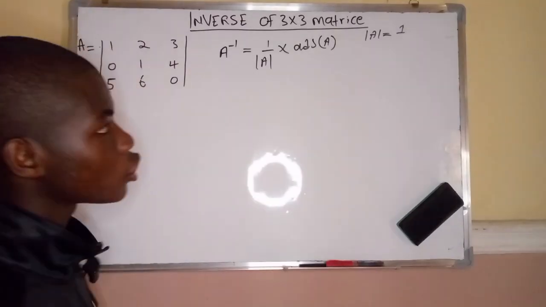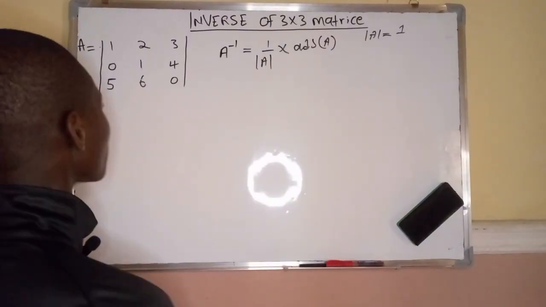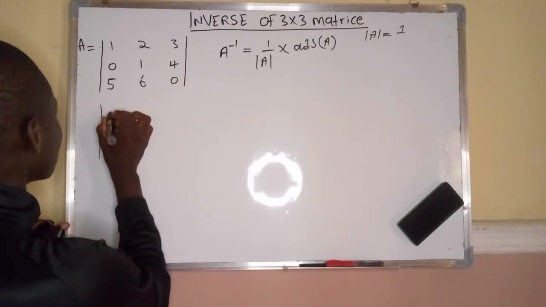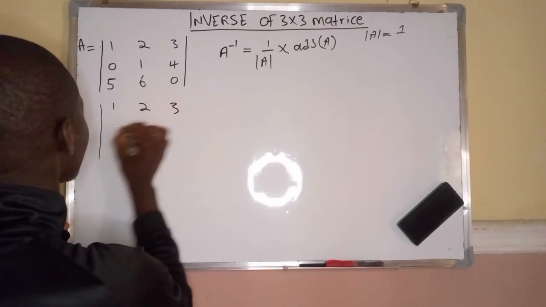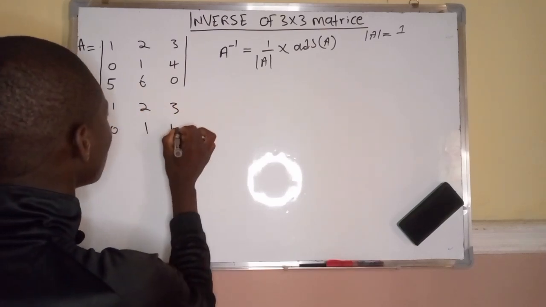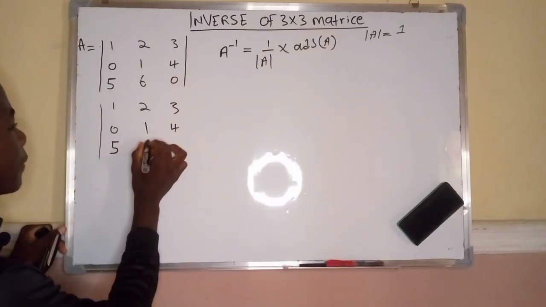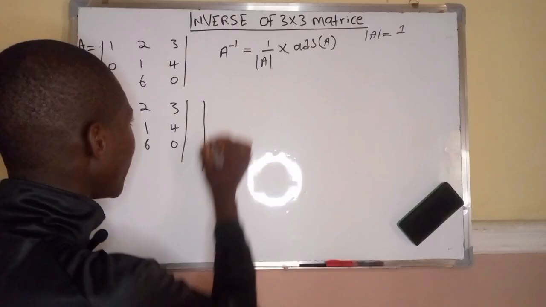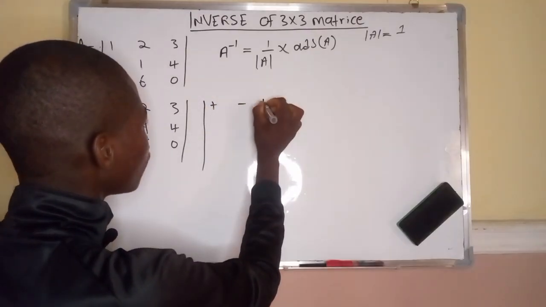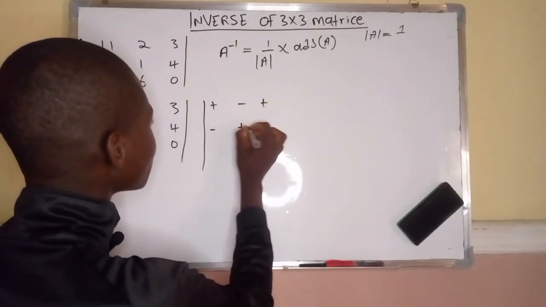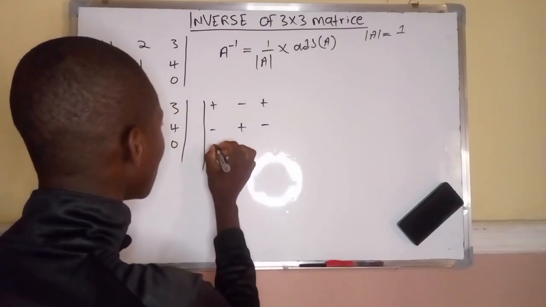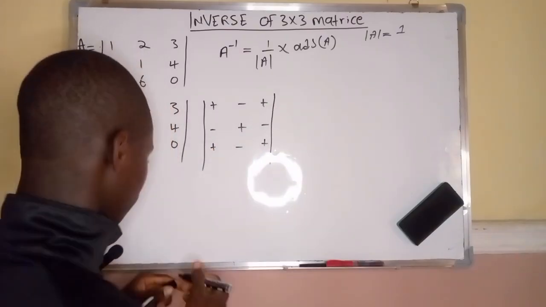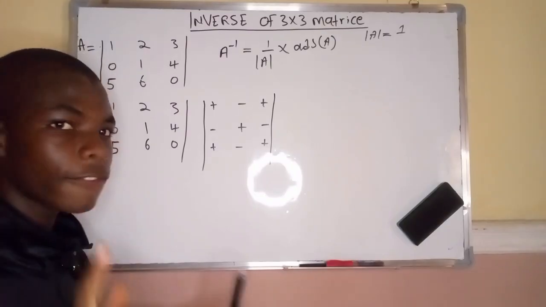So let me find the adjoint of this matrix. Let me repeat this matrix: 1, 2, 3, 0, 1, 4, 5, 6, and 0. And therefore, I have the sign pattern positive, negative, positive, negative, positive, negative, positive, negative, and positive.